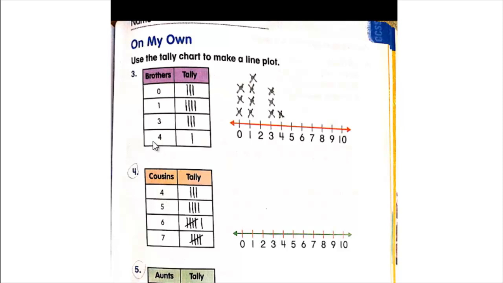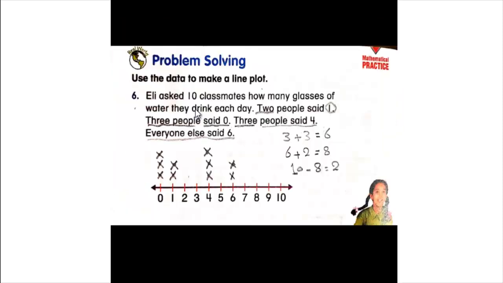And here, in front of 4, there is 1 tally mark. So here on this line, in front of 4, draw 1 plot to represent 1 tally mark. This diagram with this line and this plot is called a line plot. Okay? And open the next page number 570.